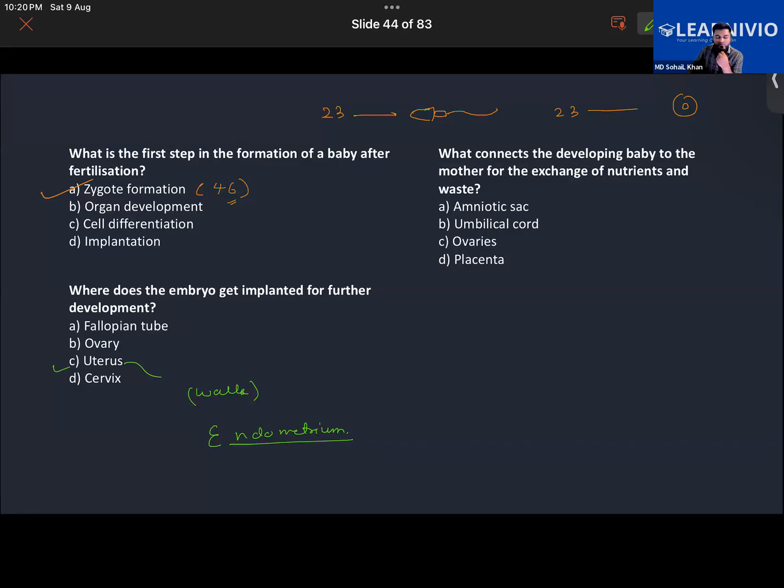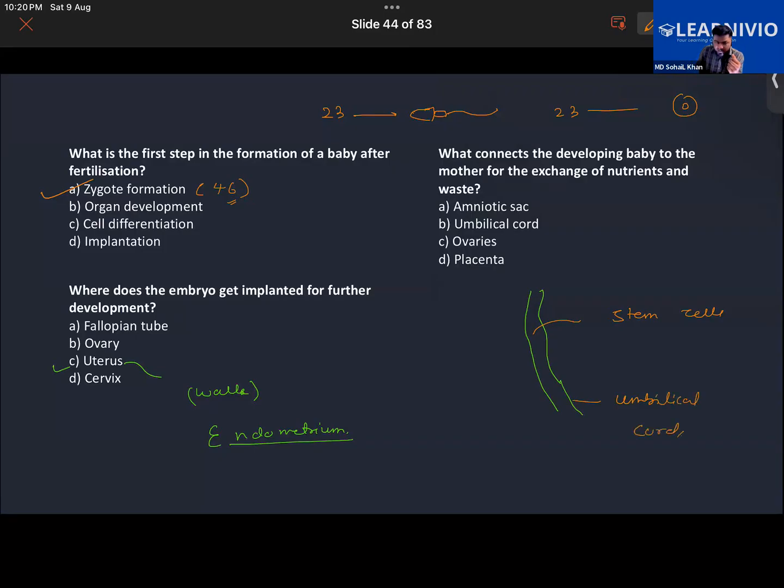Why so? Because inside the umbilical cord, a special type of stem cells is found.